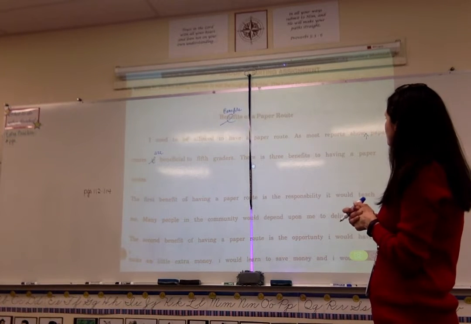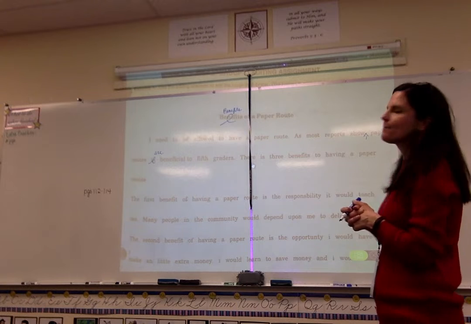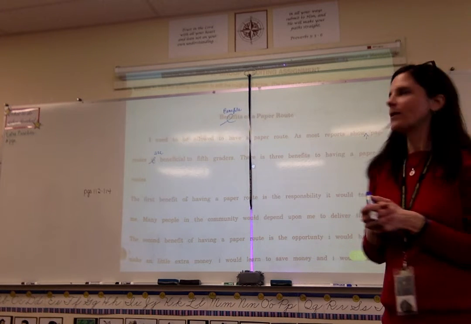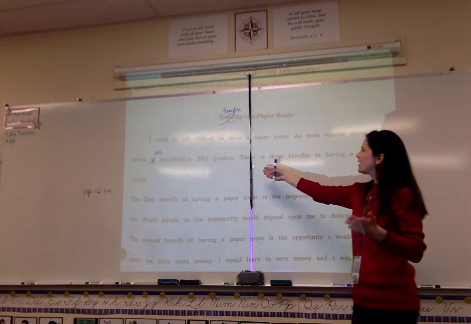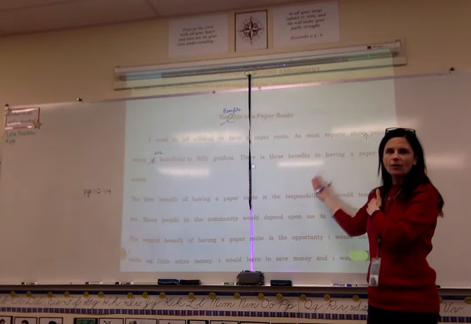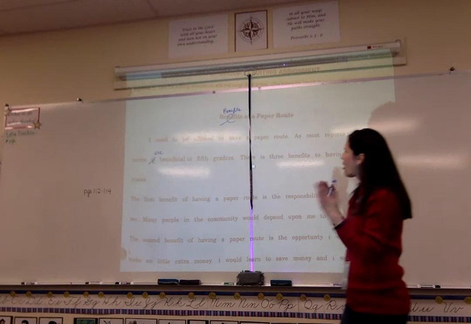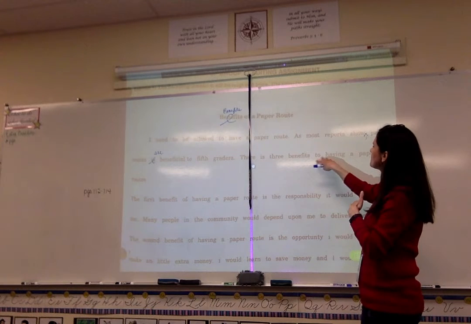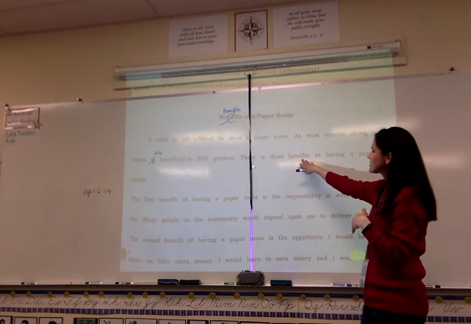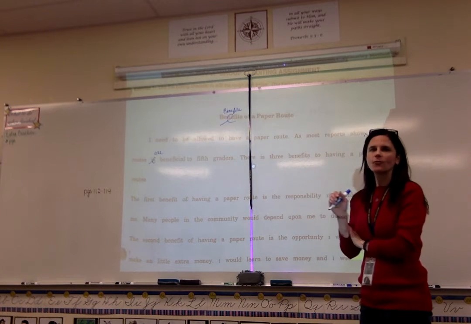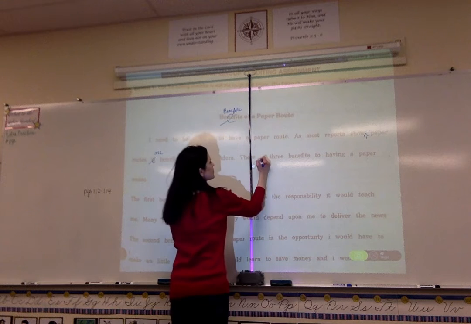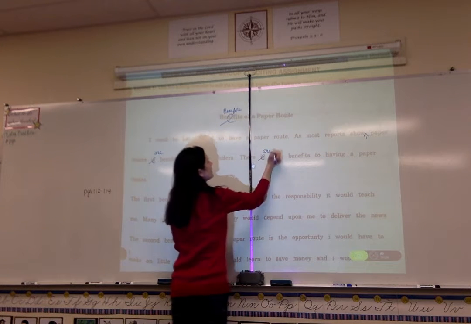There is 3 benefits to having a paper routes. Okay, well again, our subject of the sentence is benefits, and we should have a verb that agrees. There are 3 benefits. Benefits is plural, so our verb needs to be plural also. So we're going to change that to are.